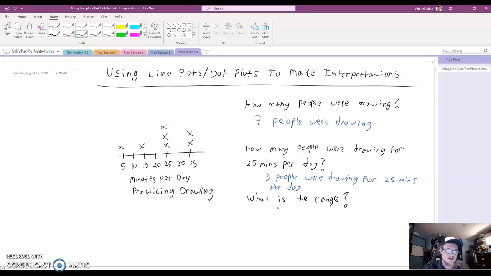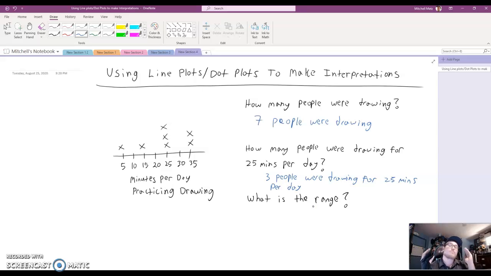Now the last question, what is the range? We haven't gone over range yet, and I'm going to briefly show it in this video, but I will do another video on it. So what range is, is where does my data vary? How wide is my range? When I think of range, I think of an open field, kind of like a place where horses live, just this wide open space.